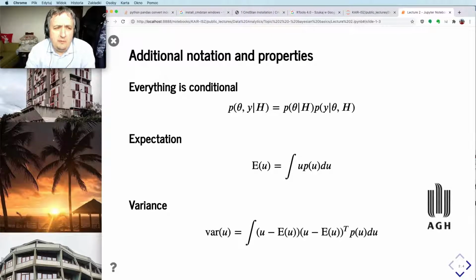We also have two very important functions, that is expectation and variance of a probability distribution, which you of course should know. Expectation is an integral of the first moment of this distribution. You just compute the integral of the distribution of parameter u, the function p of u multiplied by u, over du.